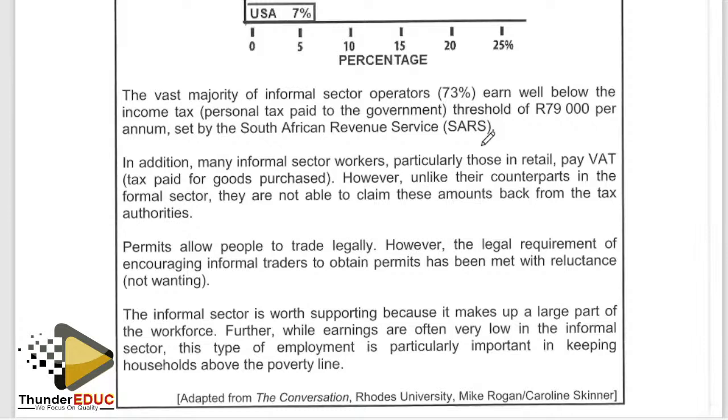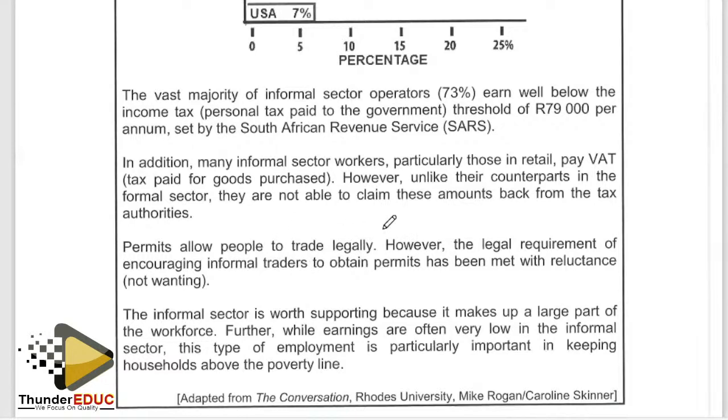informal sector workers, particularly those in retail, pay VAT, tax paid on the goods purchased. However, unlike their counterparts in the formal sector, they are not able to claim their amounts back from the tax authorities. Permits allow people to trade legally.